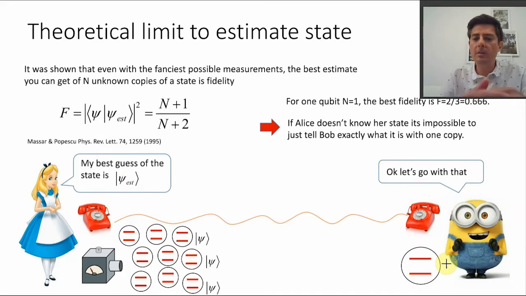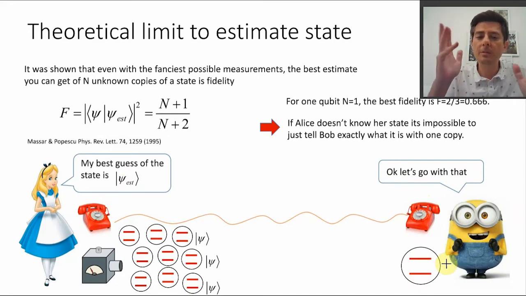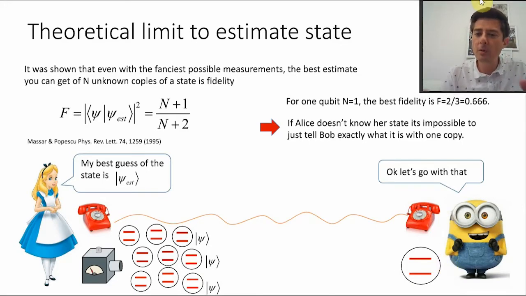Okay. So this is, again, still not teleportation. Why I'm telling you all this is to tell you that if you've got an unknown state, it's actually really hard to know what it is and then just tell Bob what it is. So the thing that you take for granted classically cannot be done very well quantum mechanically.